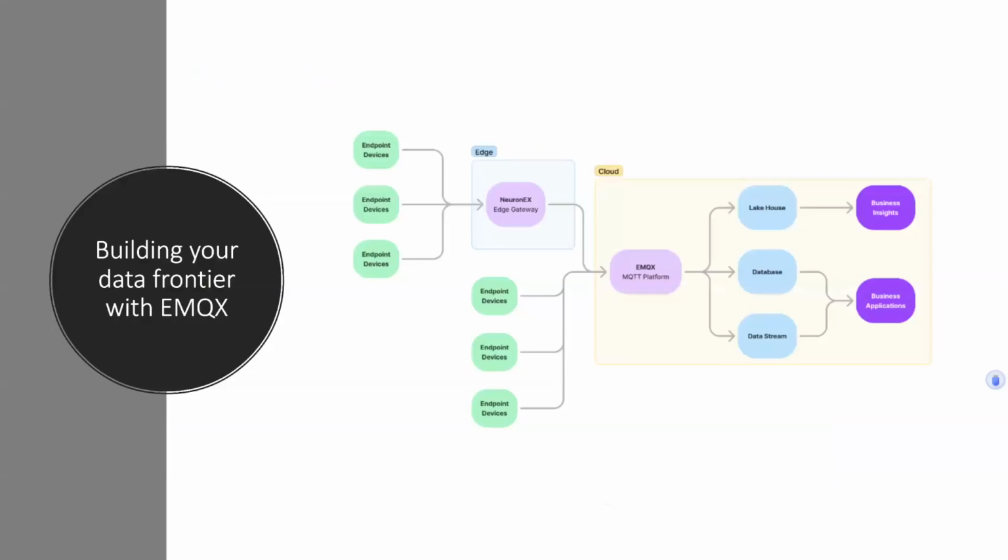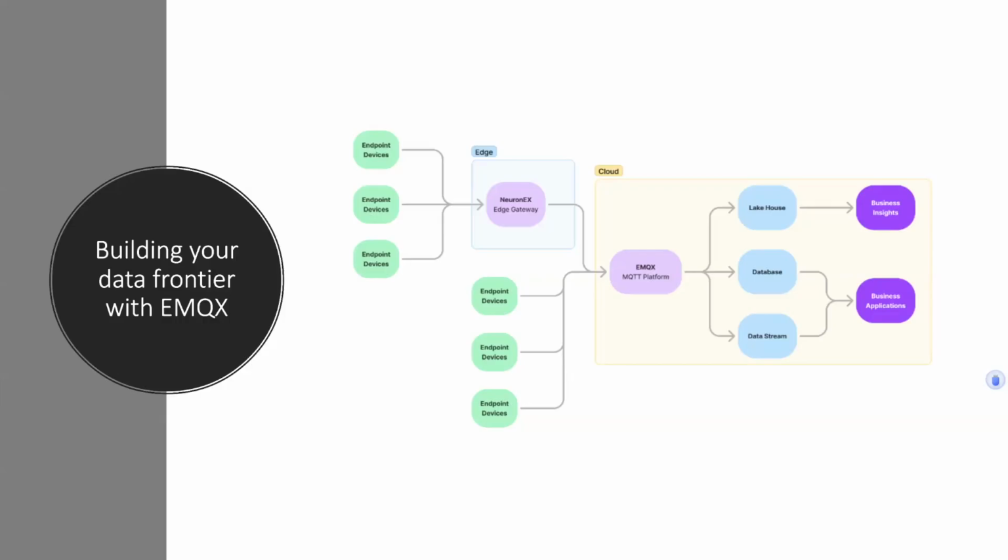So I summarize it like this: because EMQX is at the border of the real world and the digital world. In this place, we're trying to help our developers and customers build up the data frontier between the real world and the digital world. So you can attach your endpoint devices directly to the EMQX MQTT platform.